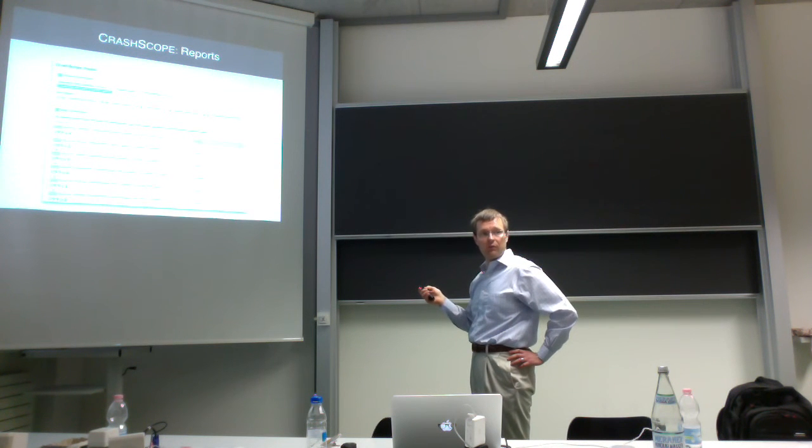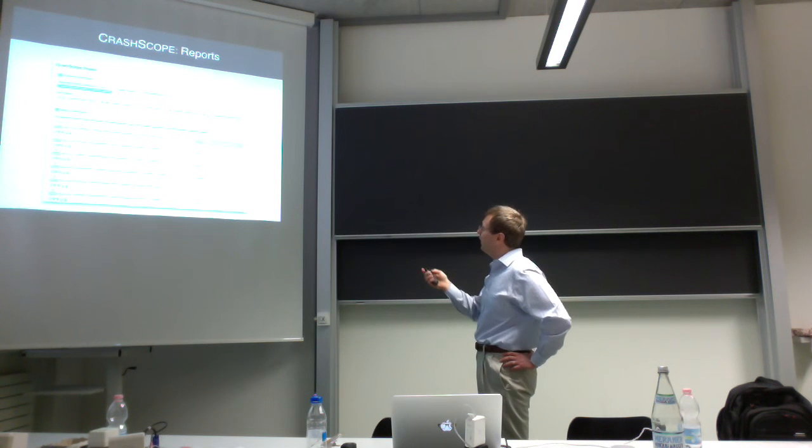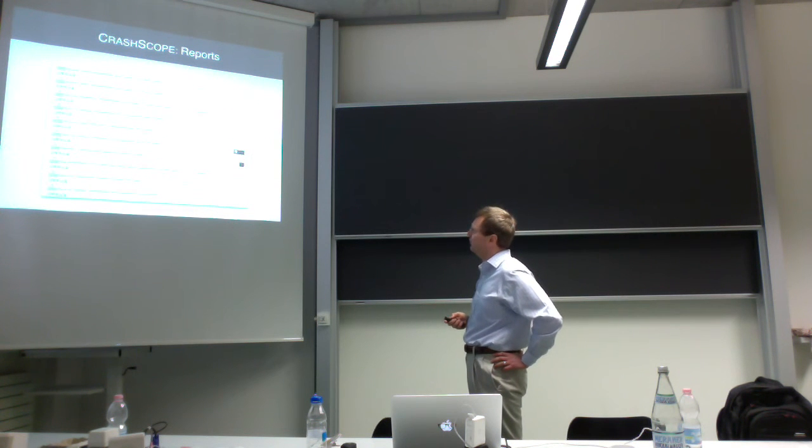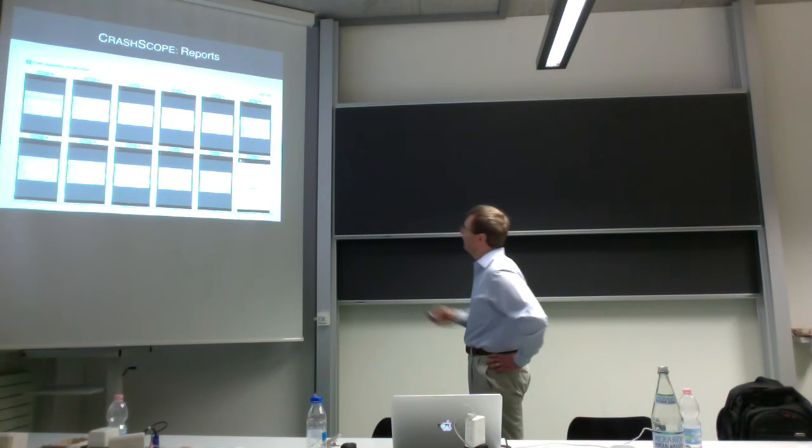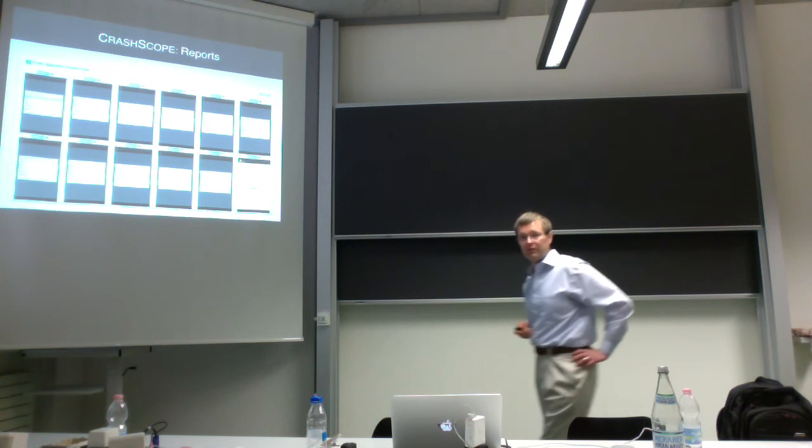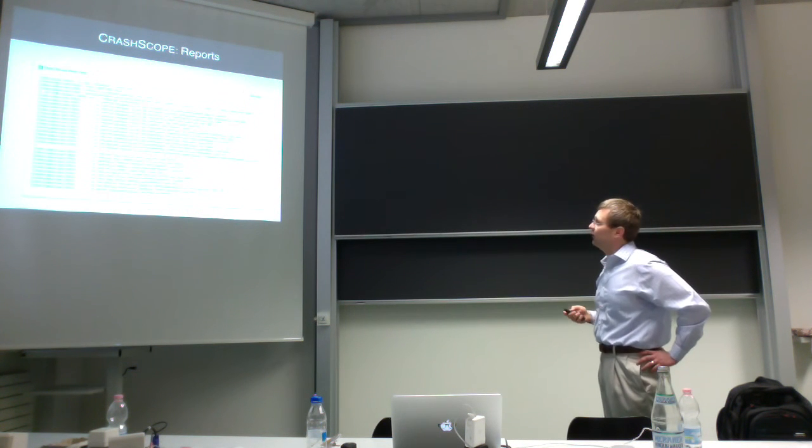We also crop that particular component that you need to interact with at that particular step. And we provide this information for every single step in the crash report. So in this case, you see that we have 27 steps. You also get an overview of all the steps. You get a stack trace.